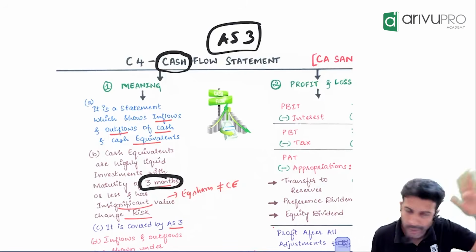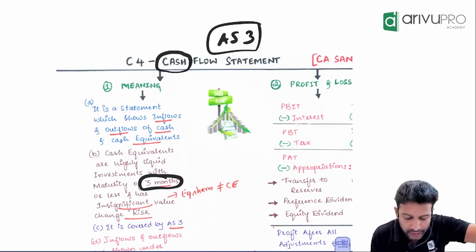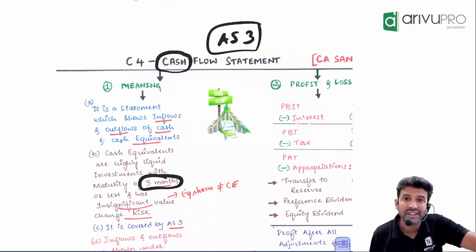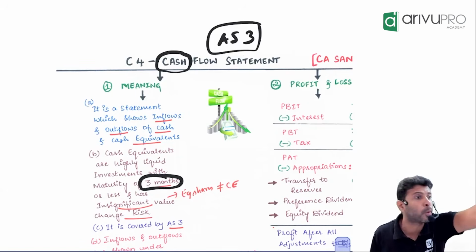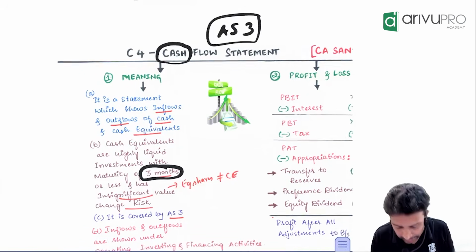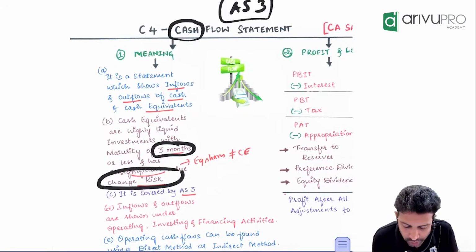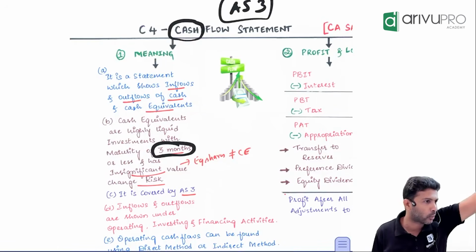Can I treat it as a cash equivalent? No. Why? Equity shares' value changes significantly. So equity investments and cryptocurrency investments are not cash equivalents. Though you are planning to hold them for less than 3 months, they are subject to significant value change risk. Their value fluctuates quite highly.